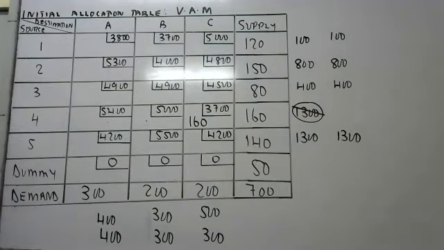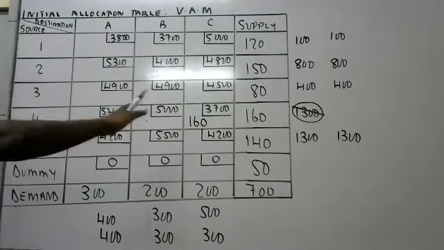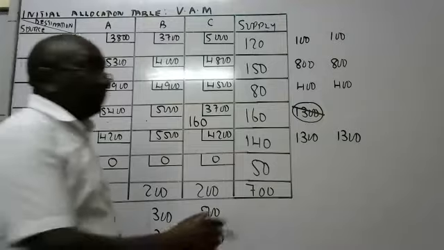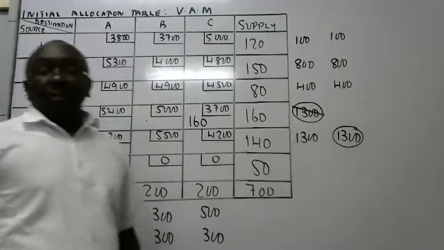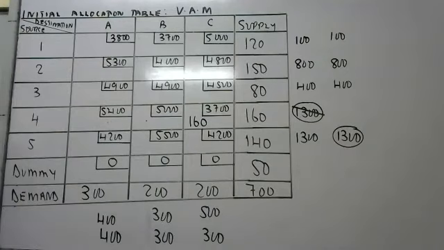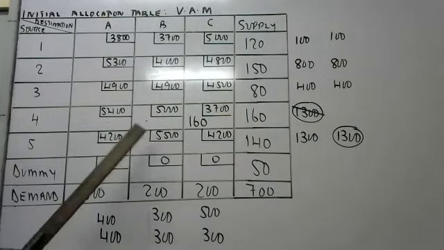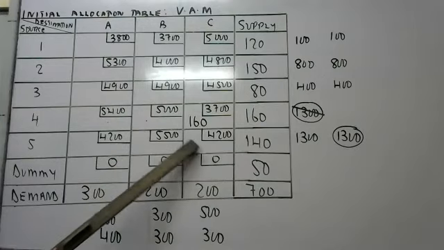So when we do that, the highest in the whole round is 1,300. That's the highest. It is coming from either this one or this one.